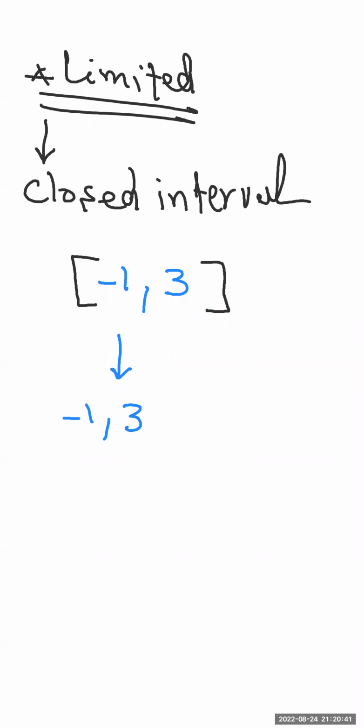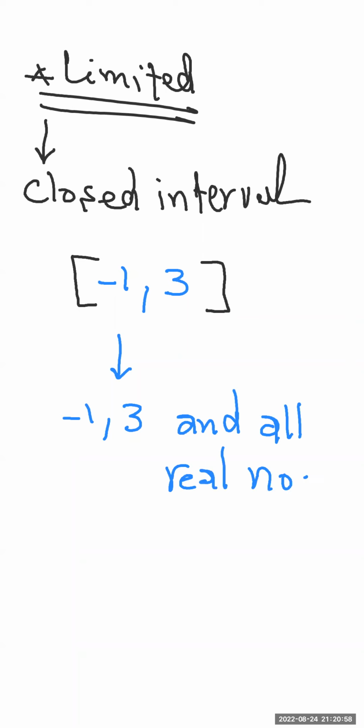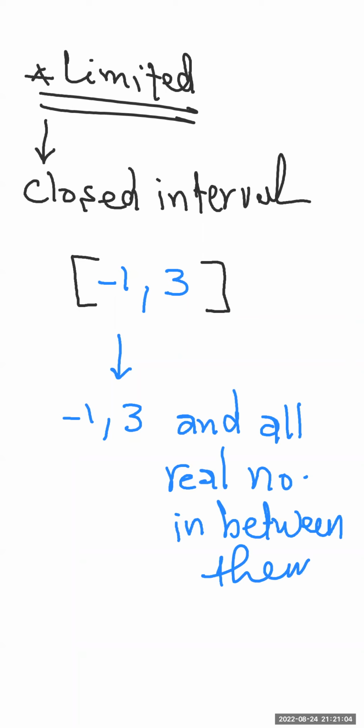What's the difference then? I said that it consists of these two elements, -1 and 3, and all real numbers in between them.